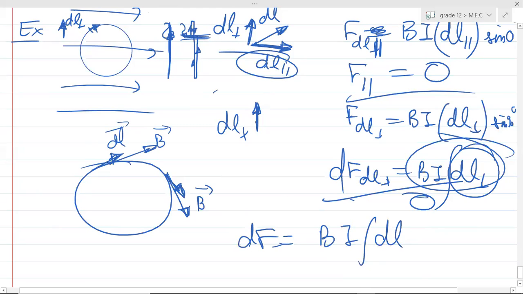And can you see, for every element over here, the angle was 0 degree. So then you will write sine 0. Are you getting my point?